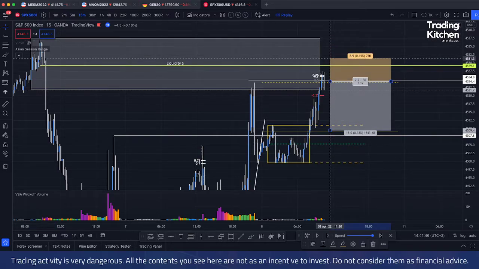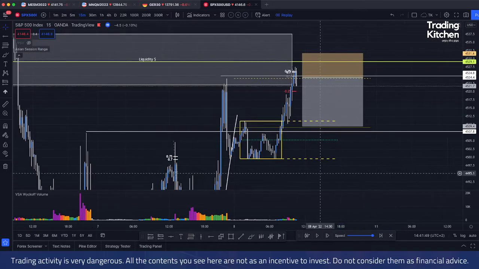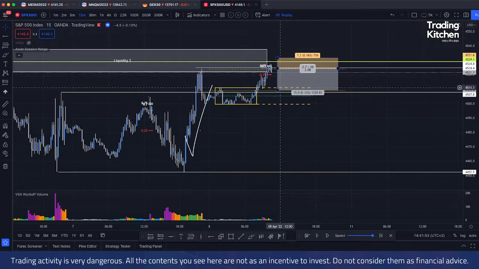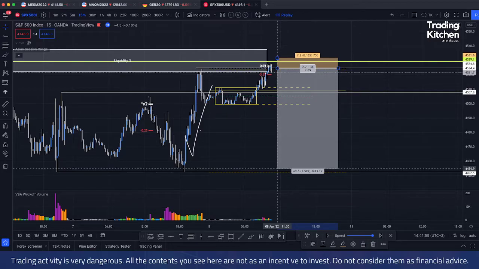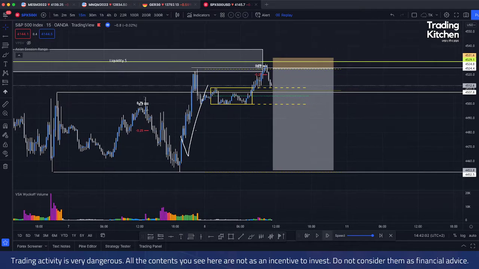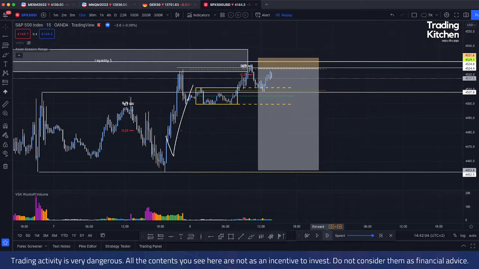So around about here the target will be huge. The risk reward here is quite interesting, 9.8. Price didn't get our trade, but you can wait.